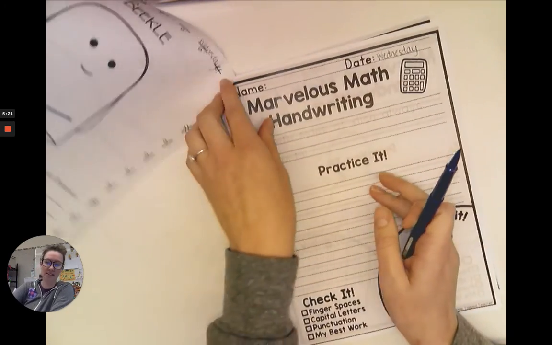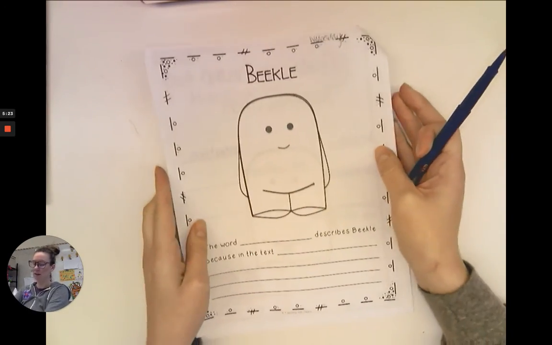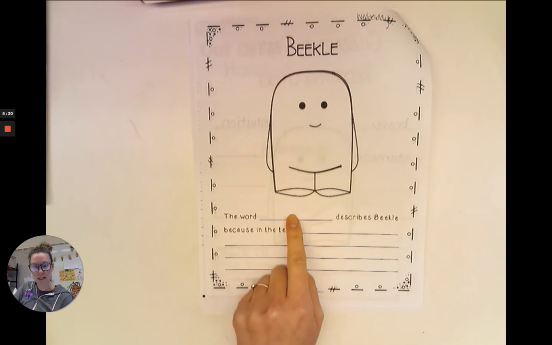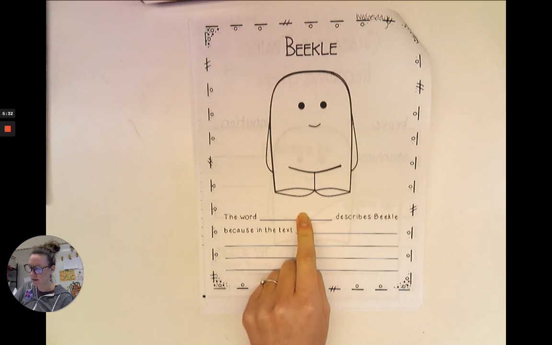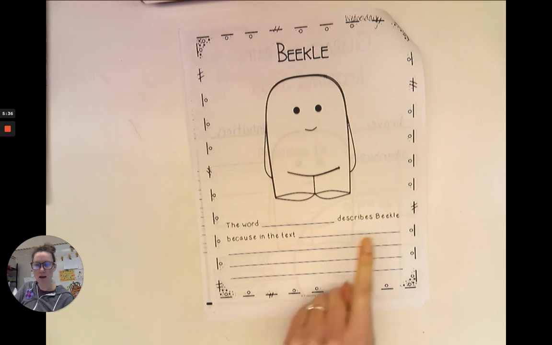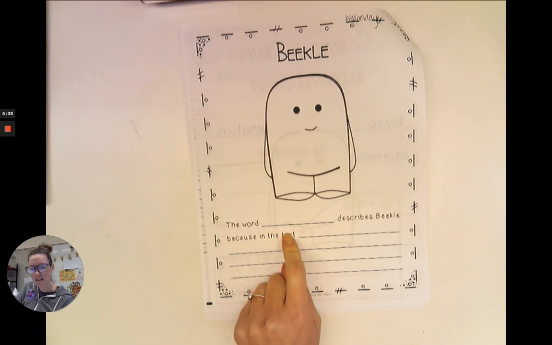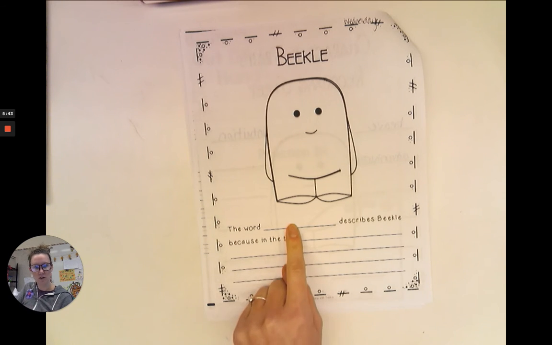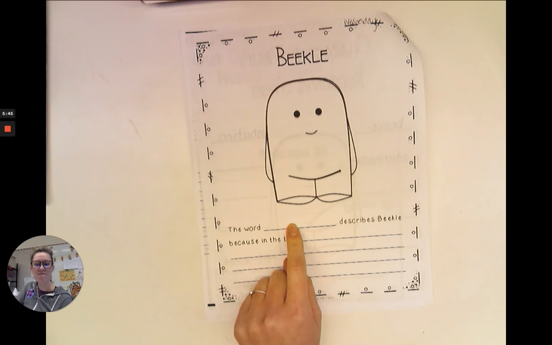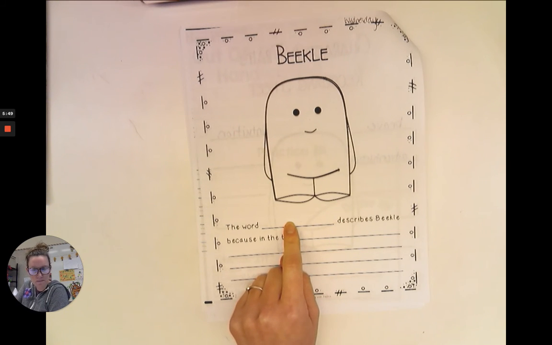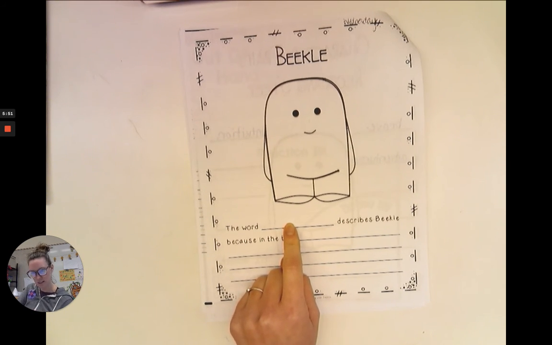Now on the back, this is the second part. Okay, you're going to choose one of those character traits. The word blank, okay, this is the choice you get to make. The word blank describes Beekle because in the text, okay, this is where you have to back up your character trait by finding words in the parts in the story that tell you that Beekle is this way.